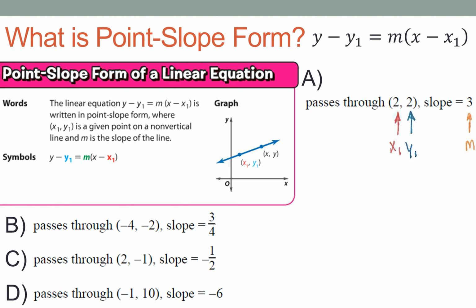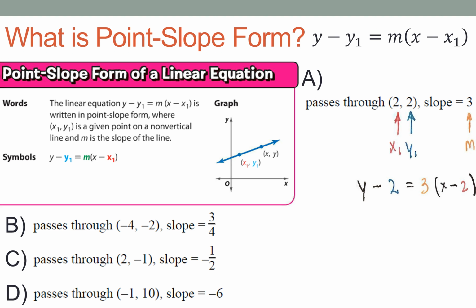So we substitute those into the point slope equation, y minus y1 equals m times x minus x1. So y minus 2, because 2 is our y1, equals 3 times the quantity x minus 2, close parentheses. That's how we substitute in our values for m, x, and y.